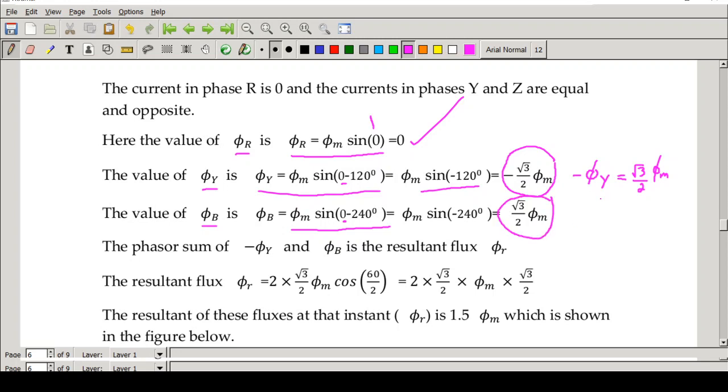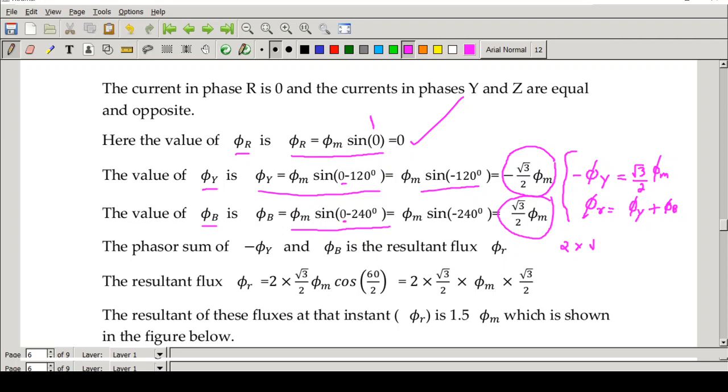Now we have to calculate the resultant flux phi r, which will be the vector sum of which fluxes? Phi y and phi b. Why? Because phi r is 0. So you have to find the resultant of phi y and phi b. Now there is an equation for that. If two fluxes are there, we can find the resultant flux using the parallelogram method: 2 into the magnitude of the flux.